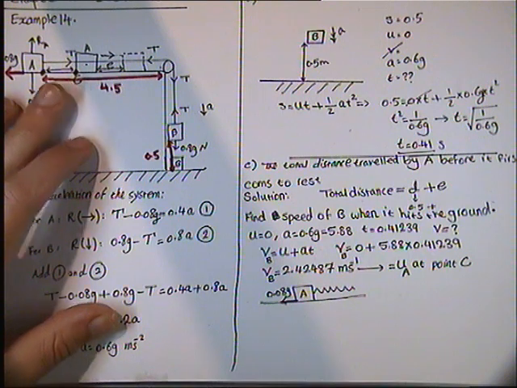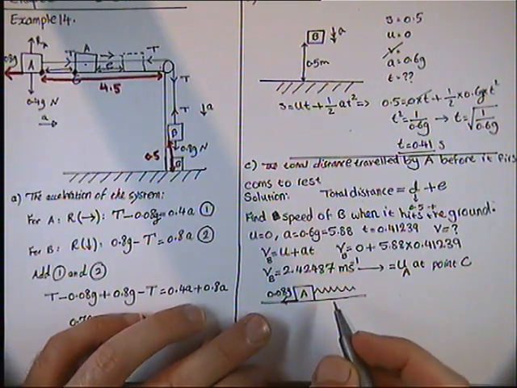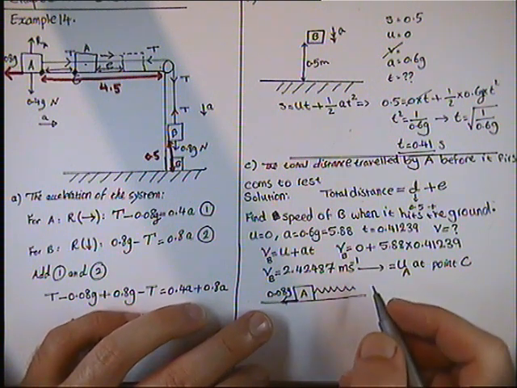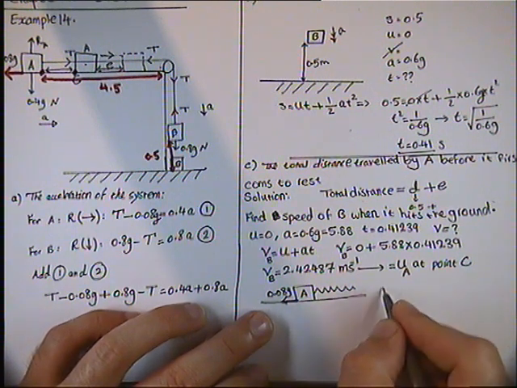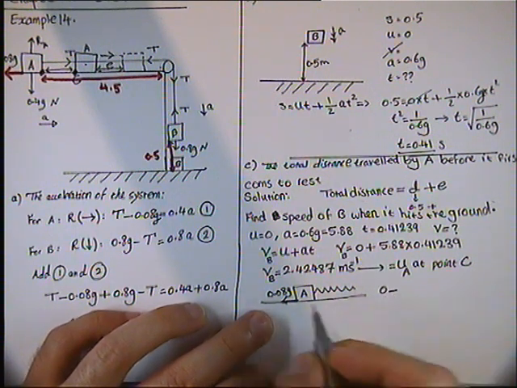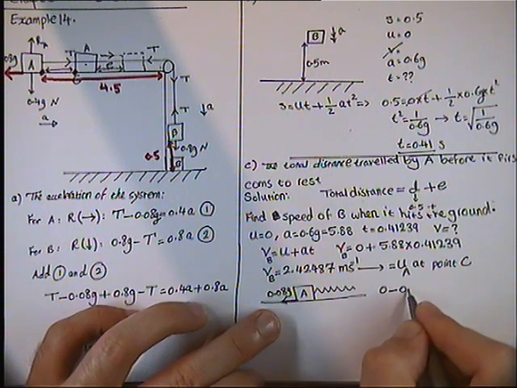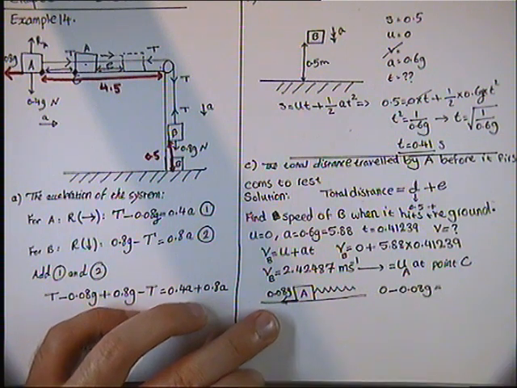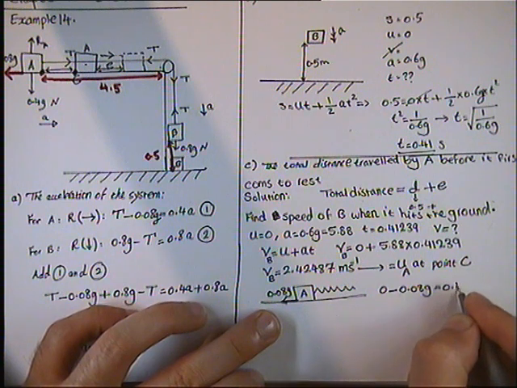So what would happen? Let's write down Newton's law for this. Sum of the forces is equal to mass times acceleration. It's moving in this direction. No force in this direction, 0 minus 0.08 g equals mass times acceleration. We know the mass of A is 0.4.